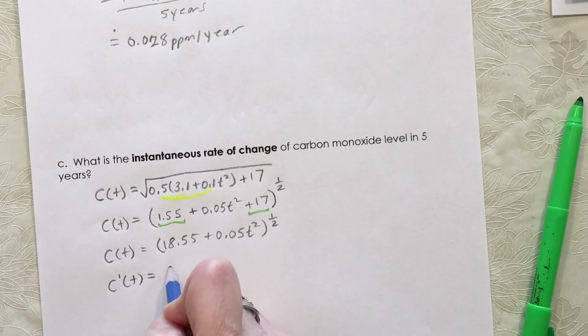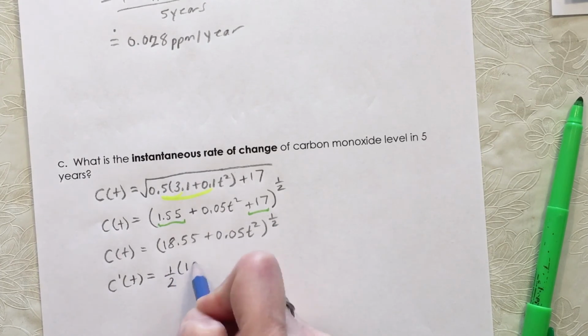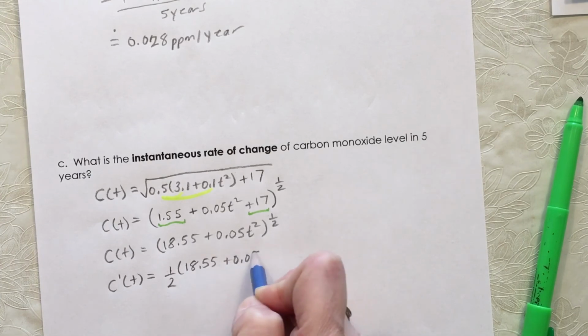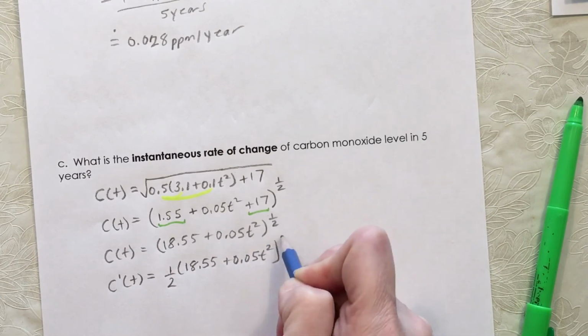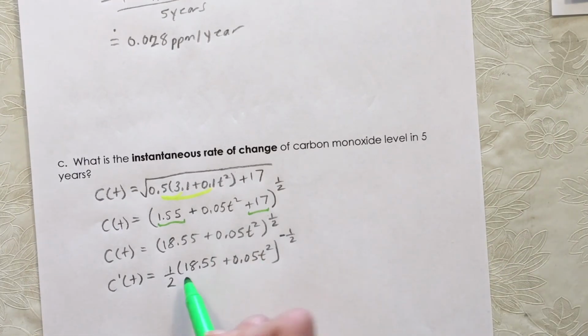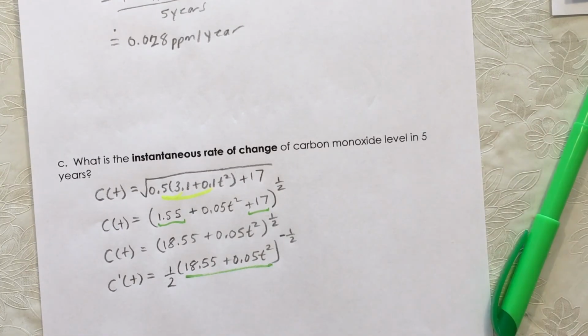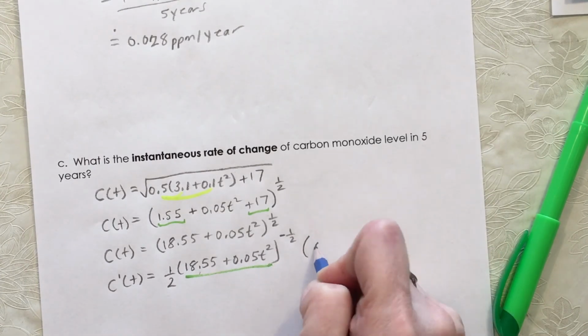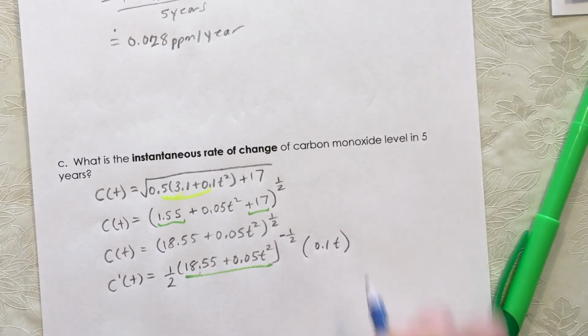The exponent comes down, 1/2 times 18.55 plus 0.05 t squared to the negative 1/2, and then I have to multiply that by the derivative of what's inside according to the chain rule. The derivative of 18.55 is 0, but the derivative of 0.05 t squared is going to be 2 times 0.05, which is 0.1 t.